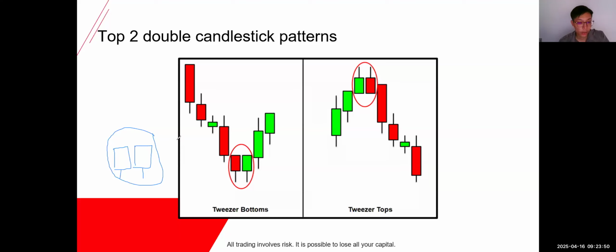If you go and see on the charts itself, it's very, very rare to find such patterns. But if you manage to find it, kudos to you. I think you'll be able to earn quite a bit from it, because the last time I saw it was very long ago, but it actually worked out pretty well. So if you manage to find these tweezer bottoms and tweezer tops, it looks like best friends because they are literally on the same level, with the same level of wick, and the body of the candle as well.